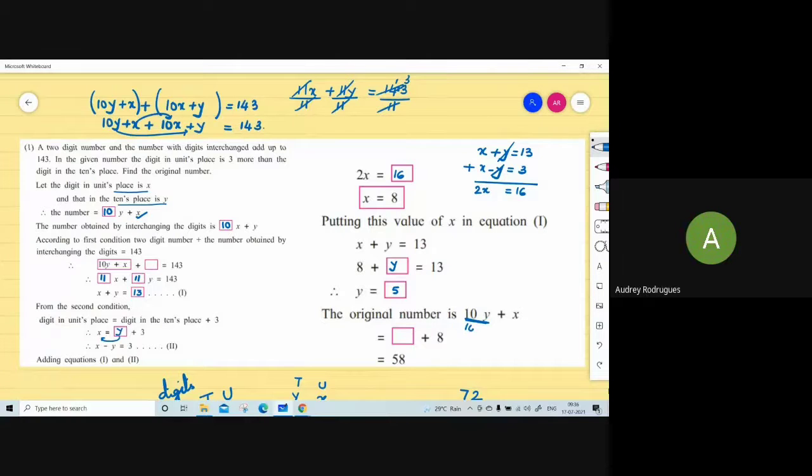Yes. 10 into y place you will put 5. So what is the answer? 5 plus 50, 58. Okay. So have you filled the box?